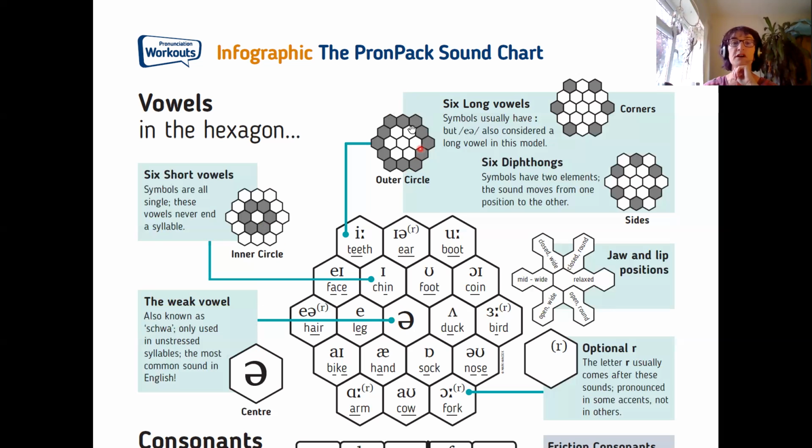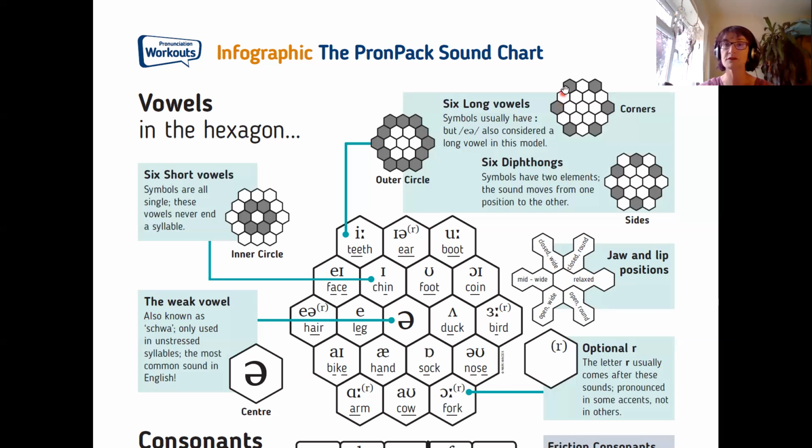And the outer circle, so that's this bit around here, is made up of long vowels and diphthongs. Now, it's really interesting what this guy has done, because he's included this sound as a long vowel. And on other versions of the chart, this is a diphthong. This is over in the diphthong section.